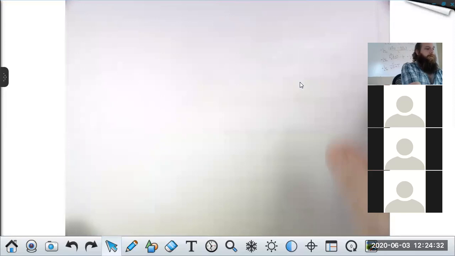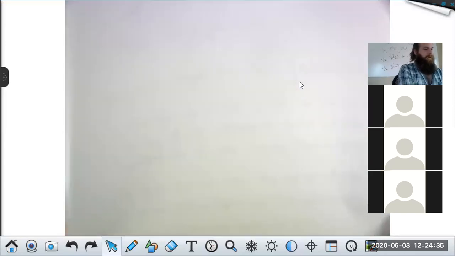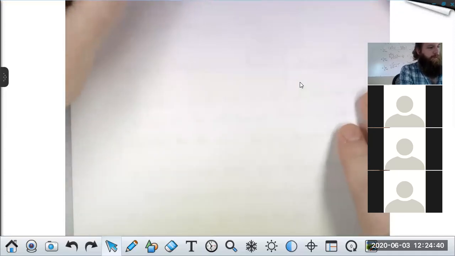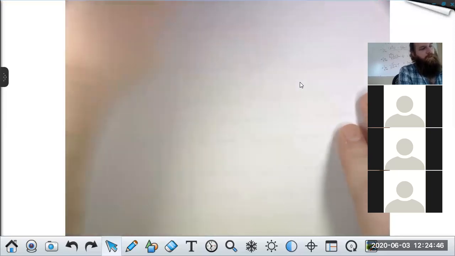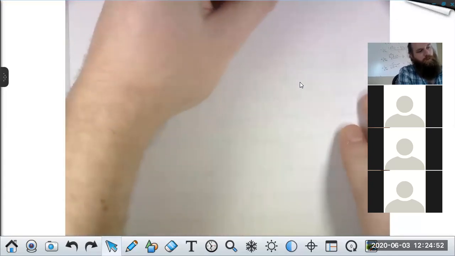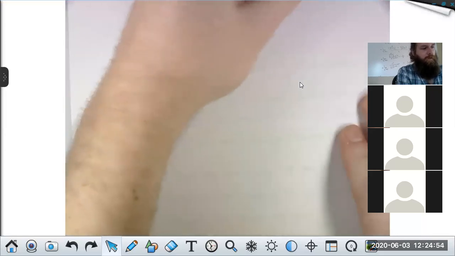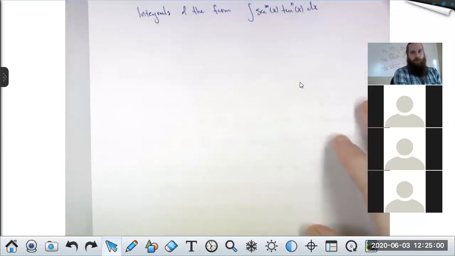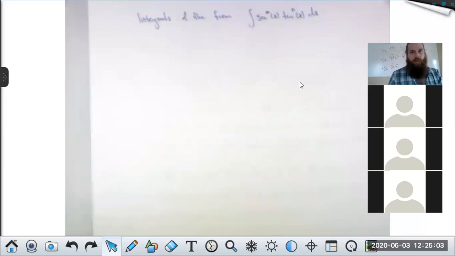So our next topic, secant tangent integrals. The sine cosine integrals, at least in the nice case where one of the powers is odd, work because the derivative of sine is cosine, and the derivative of cosine is almost sine.